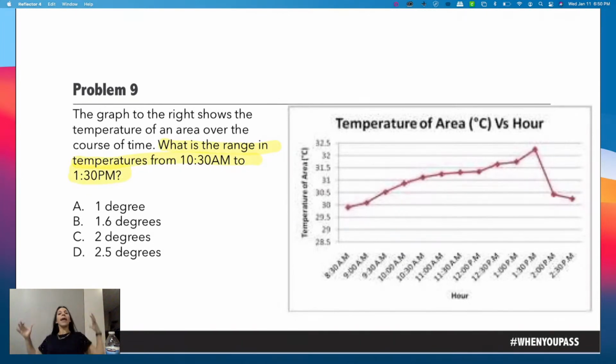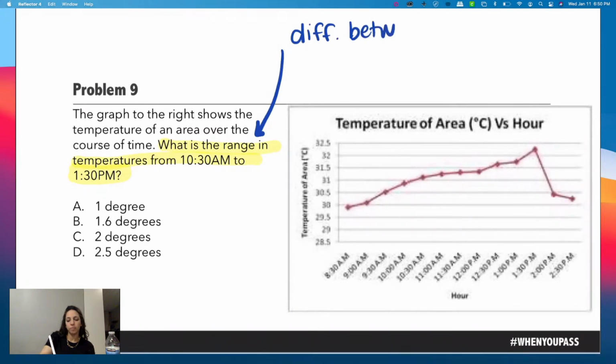So the range, and this is not only helpful in data analysis, but it's helpful when we're looking at central means of tendency. The range is the difference between the highest and lowest temperature.